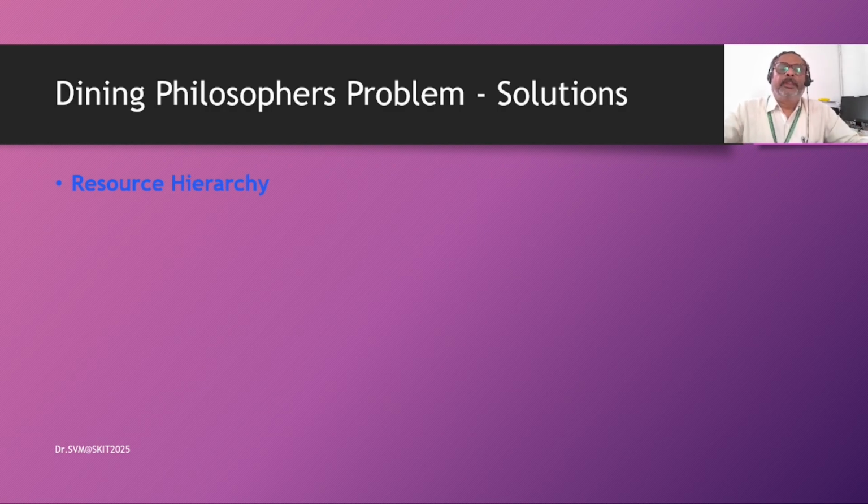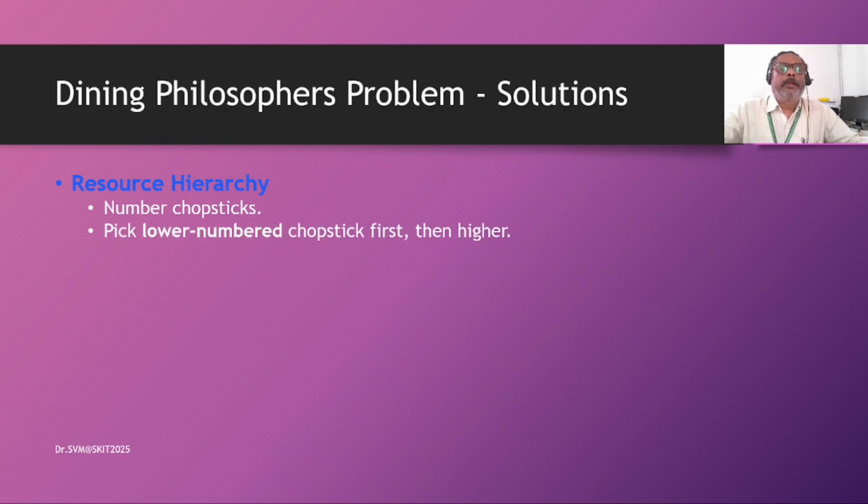So how can we solve this problem? One solution is to give a hierarchy to the resources: number the chopsticks, and make sure to pick the lower numbered chopstick first and then the higher numbered. We have 5 philosophers, numbered 1, 2, 3, 4, 5, and we have 5 chopsticks.